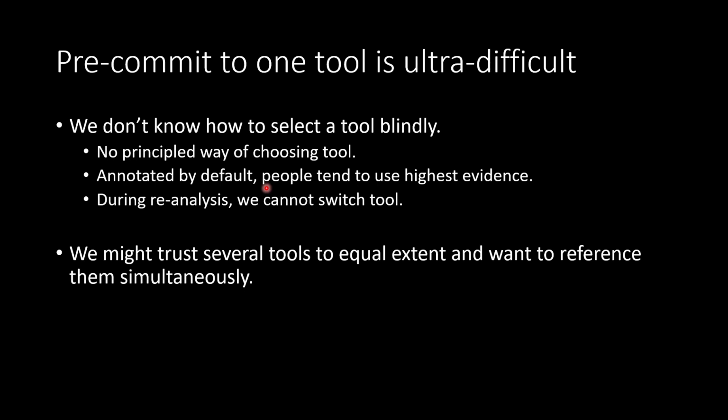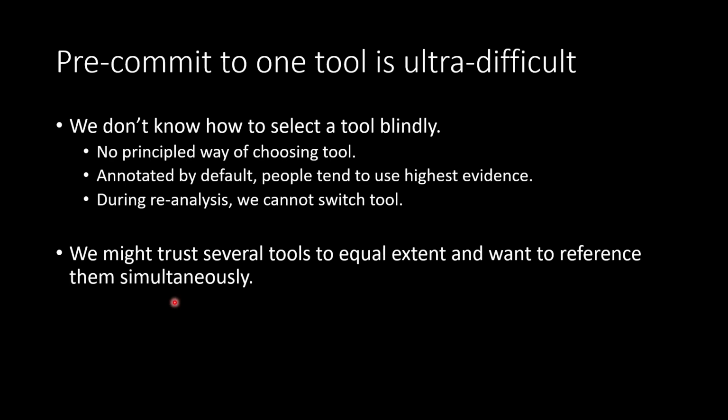Moreover, even if we can strictly follow the suggestion, we currently encourage reanalysis for whole genome sequencing or whole exome sequencing data. But because in the initial analysis we have seen some evidence and some results, in the reanalysis we cannot switch between tools in order to maintain the statistical integrity, which is impractical.